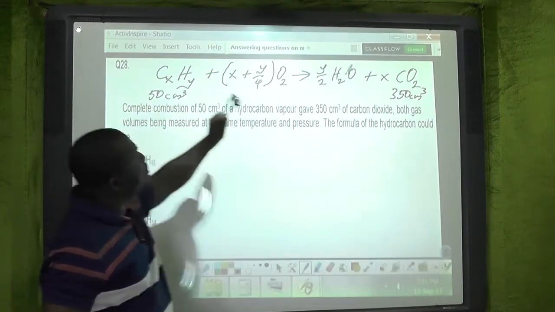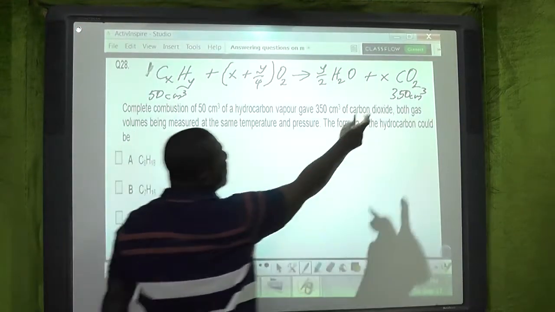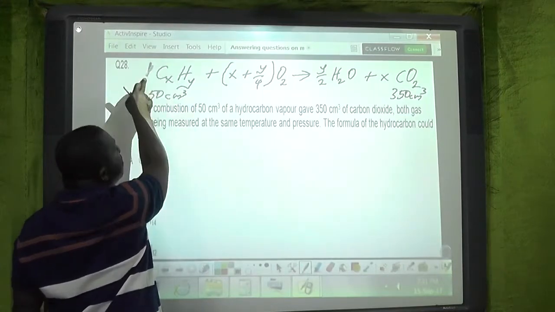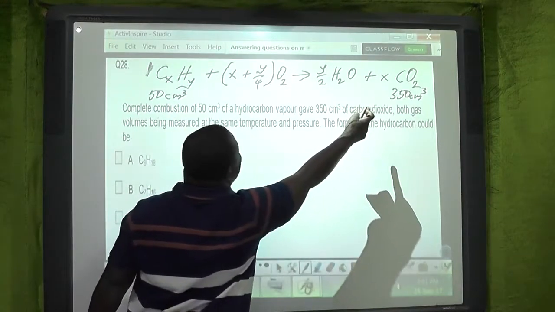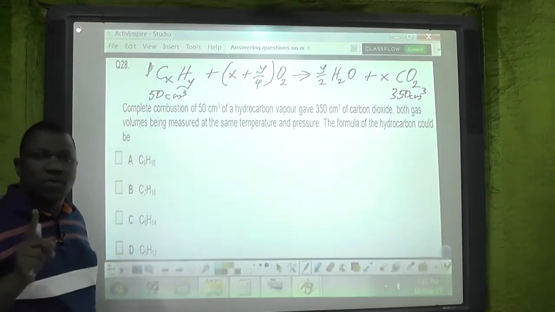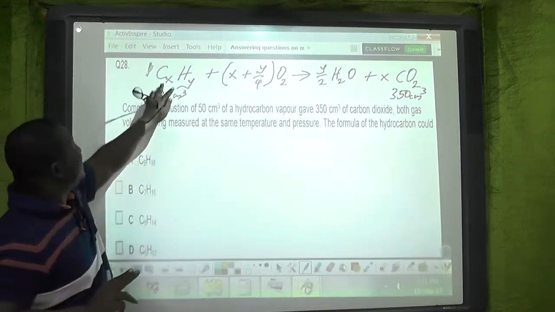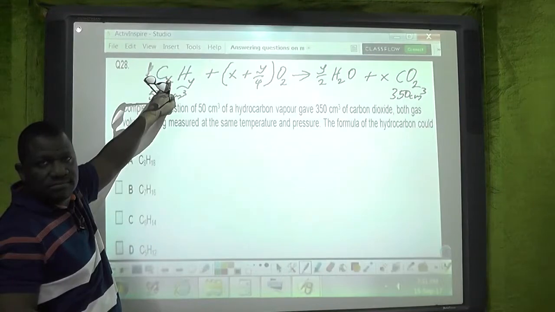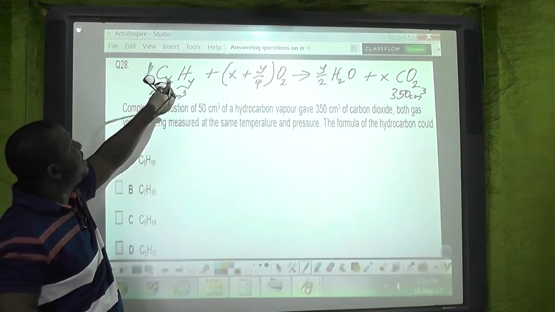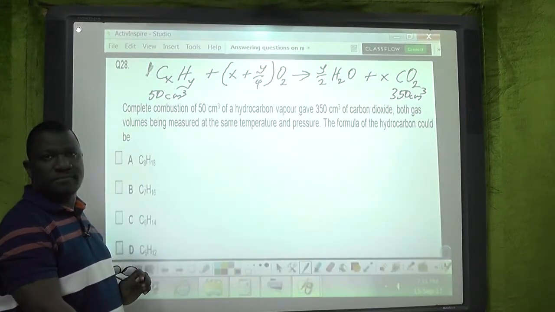If this combusts to give this, that means if one of these, we give how many of these? One of these is Cx. One of these we give X of that. So it's so easy. Our carbon is surely that amount, X. For one molecule, the number of carbon you have there is X. X mole of carbon there.